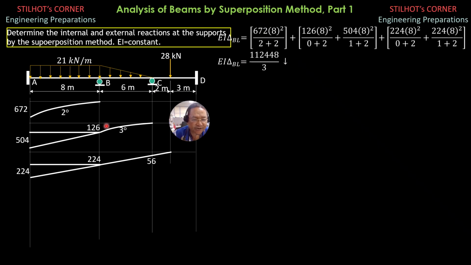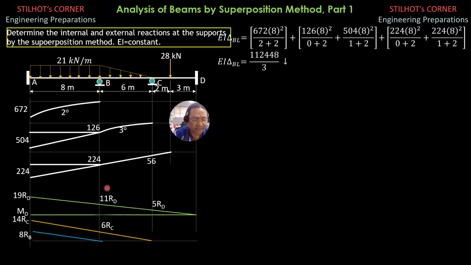Next, for the reactions, we have reaction at B, that's the moment diagram by parts. For reaction at C, that's the moment diagram by parts, and the moment is 14 RC. For RB, it's 8 RB at the fixed wall A. Then for the last, for the reaction at D, times 19, so 19 RD.